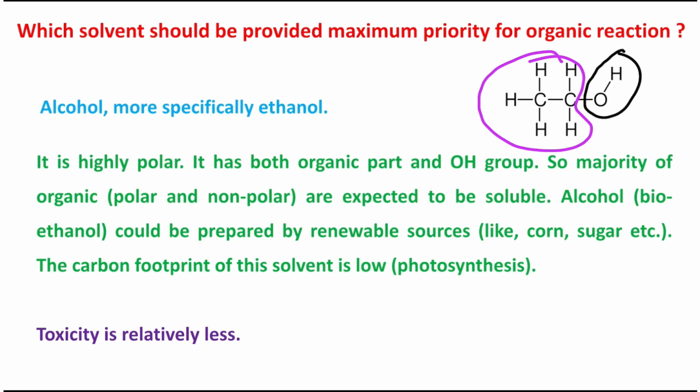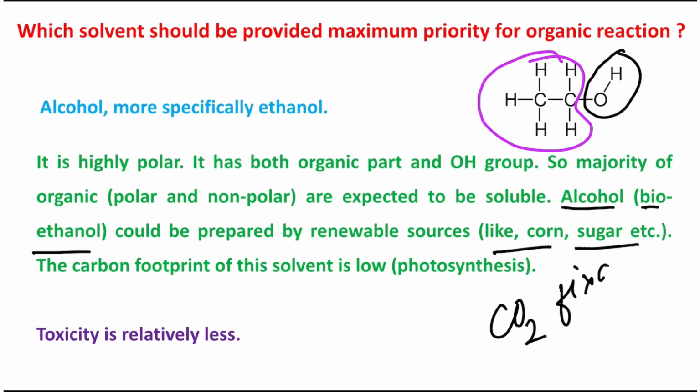Further, bioethanol can also be prepared from renewable sources like corn and sugar, which are produced by photosynthesis, meaning by CO2 fixation. Consequently, the overall carbon footprint of the process is relatively low. And not only that, it is relatively less toxic too.